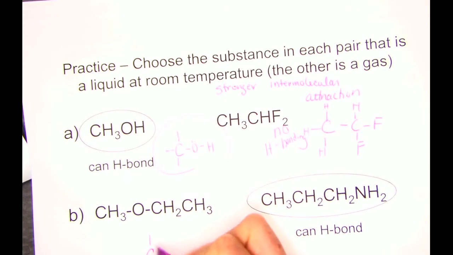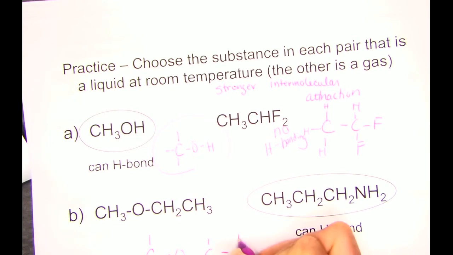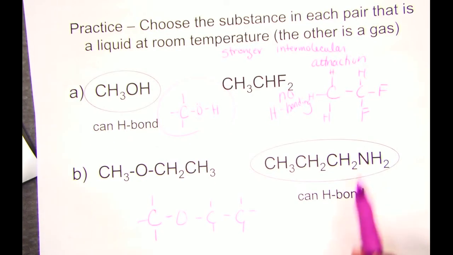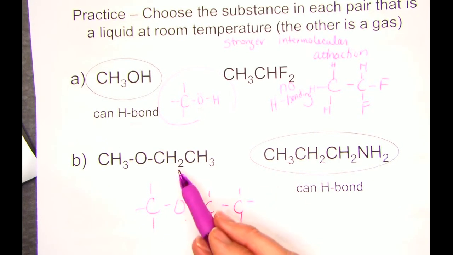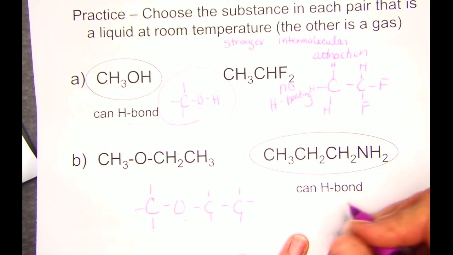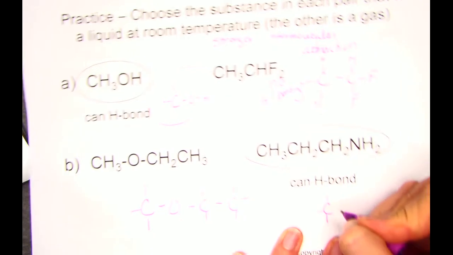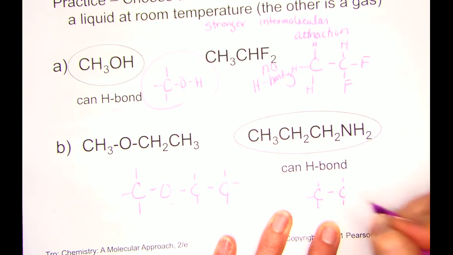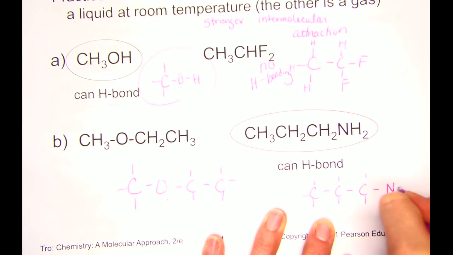Here's an ether, CH3O, CH2, CH3. Structural formula here shows, although the compound both contains hydrogens and oxygens, they're not bonded to one another, no hydrogen bonding. Most likely a gas at room temperature. However, here we have a carbon, CH3, carbon, CH2, another carbon, CH2, and then a nitrogen, NH2.